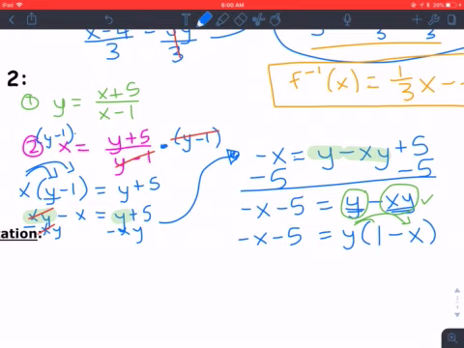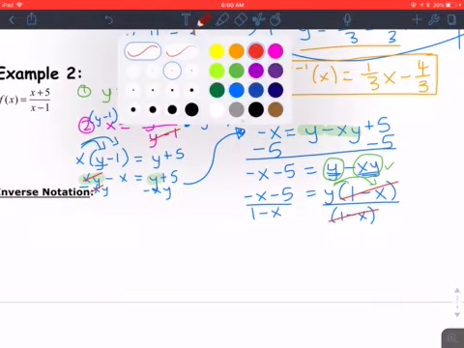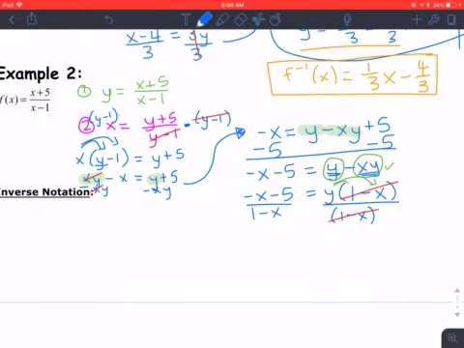Okay, so now I've got my y alone. I need to divide by the 1 minus x on both sides. So here this will cancel, and we're just left with a y. On the left side we've got negative x minus 5 over 1 minus x. This is good.